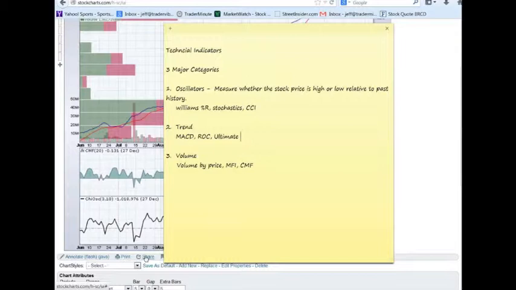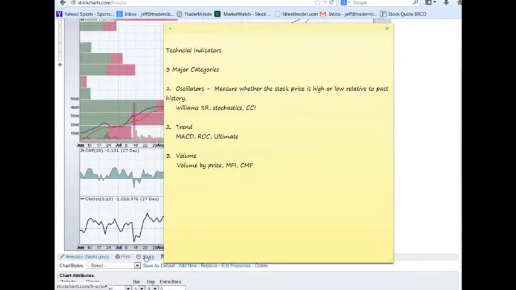That's the knock on technical analysis. It's measuring what's already happened, not what's going to happen. And so, can you look at indicators and say, well, it worked before, does it have to work this time? No, not necessarily. And that's where the game of technical analysis comes in. What do you trust? What do you not trust?